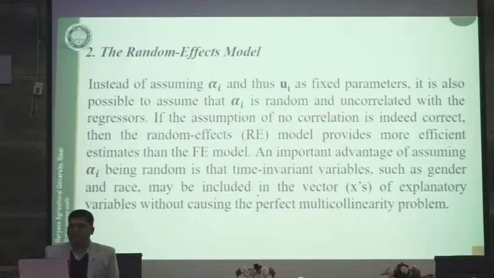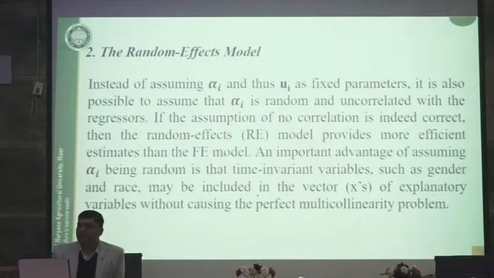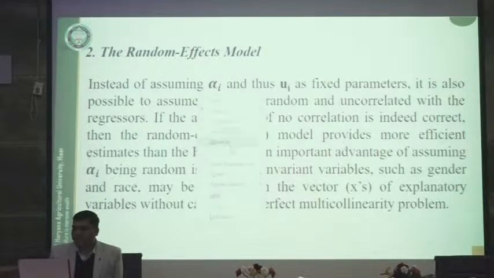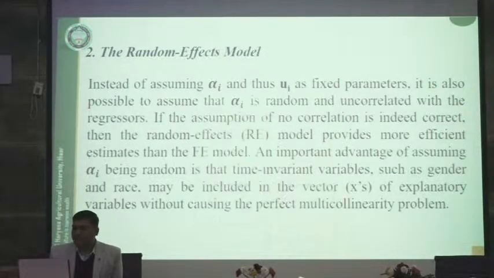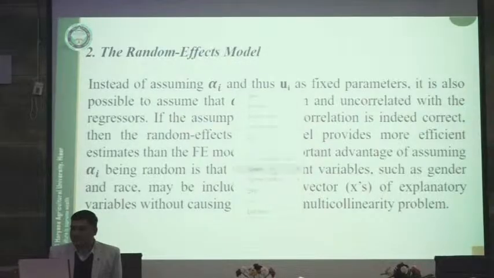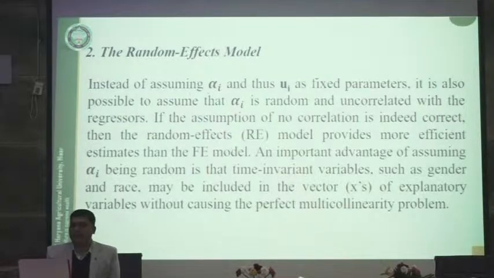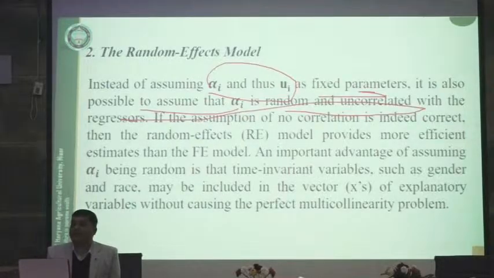So next is the random effect model. Instead of assuming alpha i and ui as fixed parameters, it is also possible to assume that alpha is random and uncorrelated with the regressor.